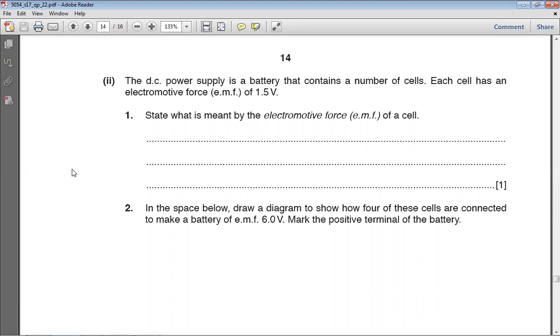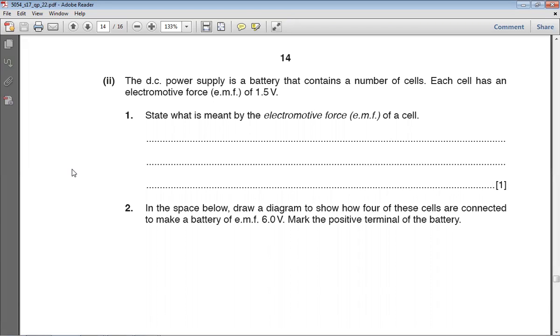The very famous definition, which is also in your book, is that the electromotive force of a cell means the work done by the cell in moving unit charge in a closed circuit. EMF is the amount of work done by the cell on the unit charge to move it in the closed circuit.